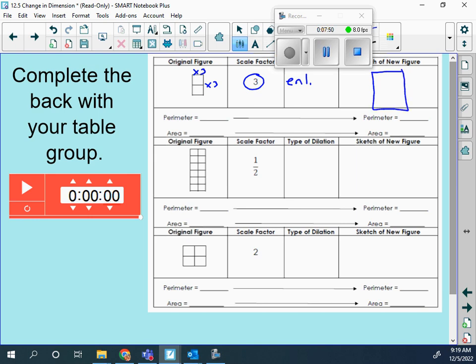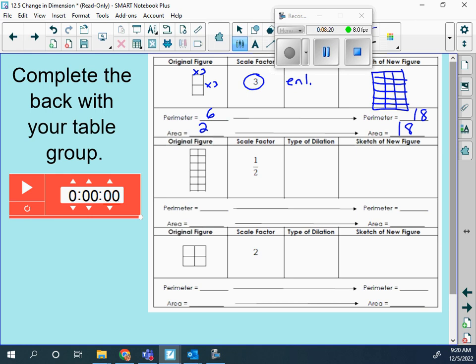So you should have had over here a 3/6. Okay? What was the original perimeter? No, the original perimeter was 6, right? What is the new perimeter? 18. What was the original area? 2. And what's the new area? Also 18. Is everybody good?